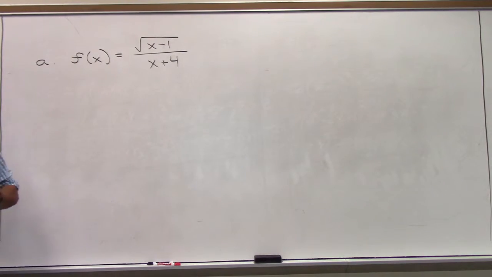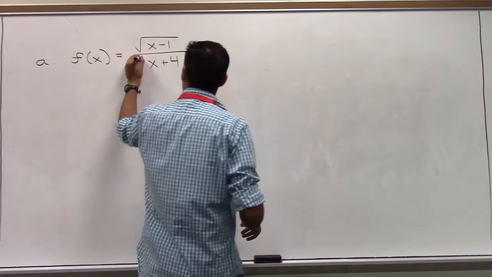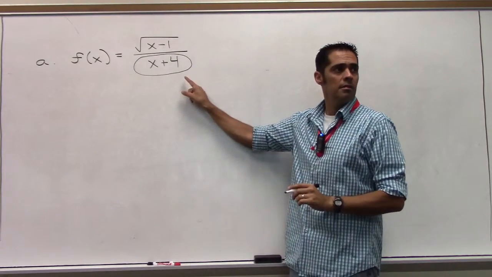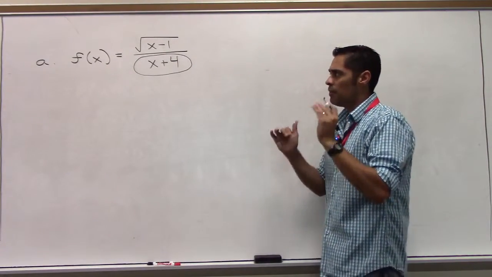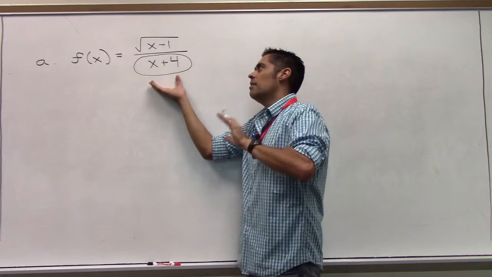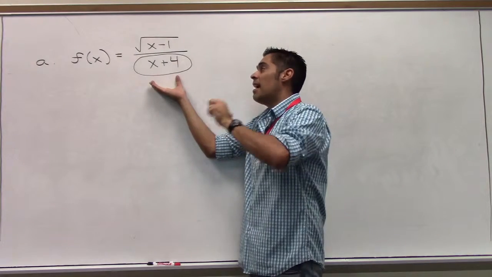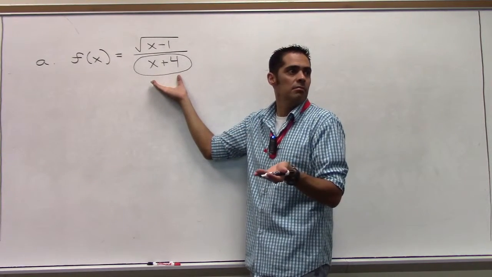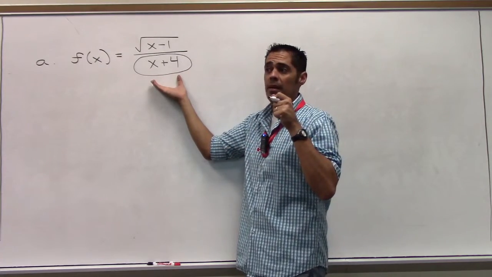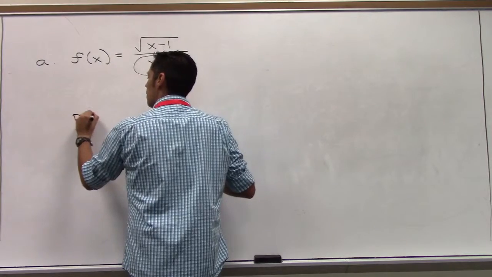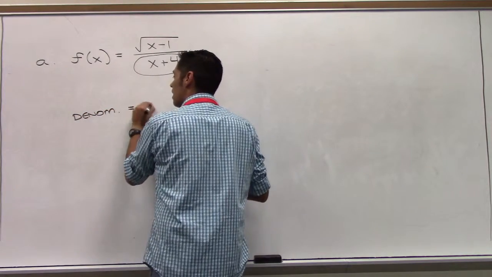So I'm going to look at the bottom. I need to make sure that that's never 0. What I'm going to do is almost like a reverse process. If I want to take out the things that will make it 0, I'm going to first figure out what makes it 0, and then I'll make sure I exclude those from my answer. So I'm going to take the denominator and set it equal to 0.